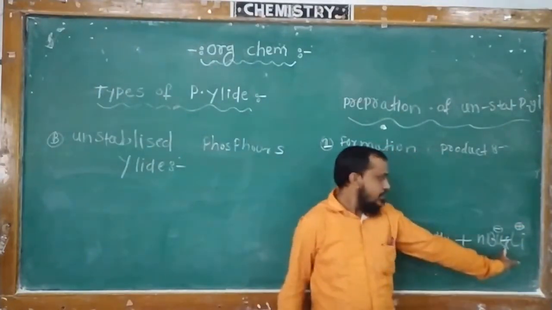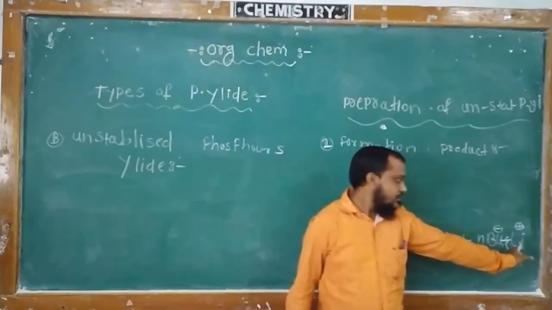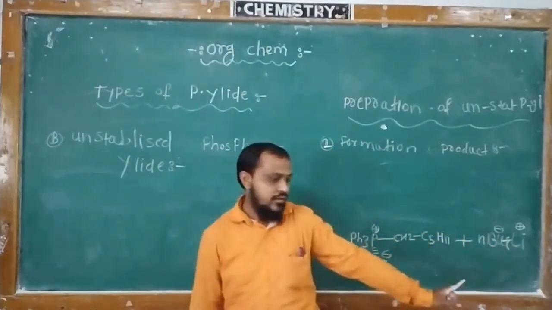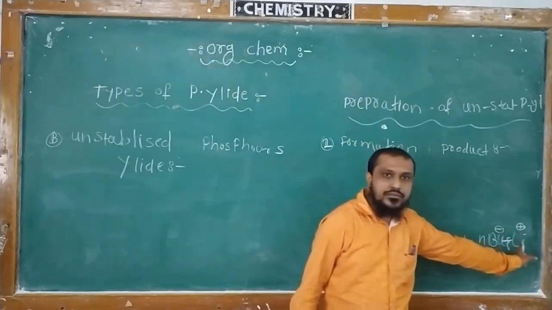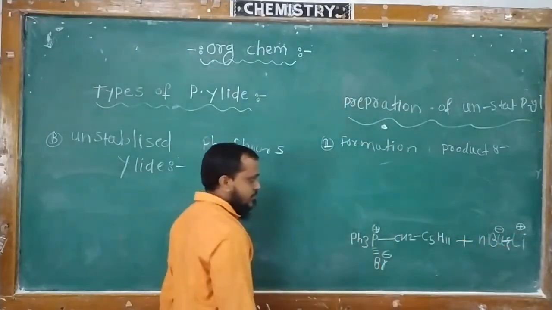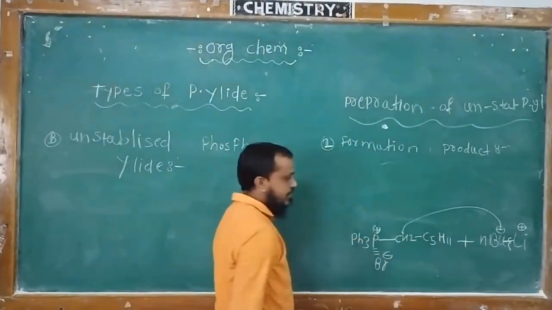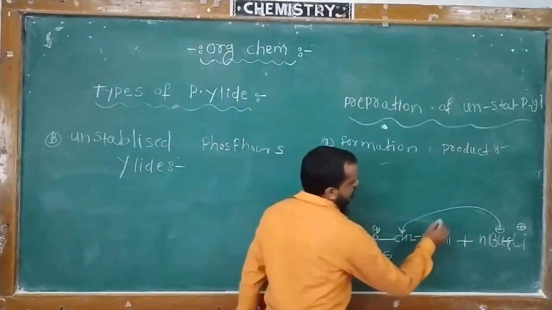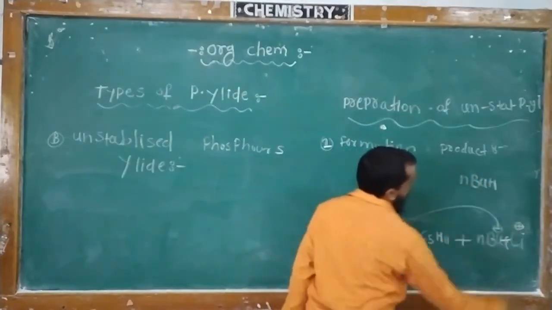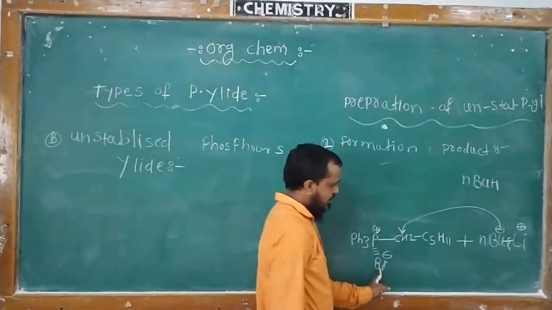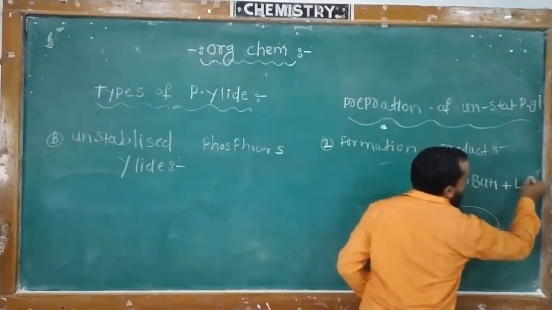Because carbon has more electronegativity than lithium, both electrons shift toward carbon, and carbon becomes a negatively charged species and lithium becomes a positively charged species. So here n-butyl extracts one proton from this carbon atom and is converted into n-butane. Also the bromine interacts with this positively charged lithium and is converted into LiBr.